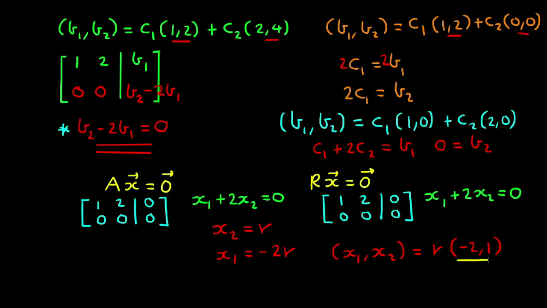So this basis vector spans the solution space, or the null space, of both A and R. So the elementary row operations did not change the null space of the matrix A.